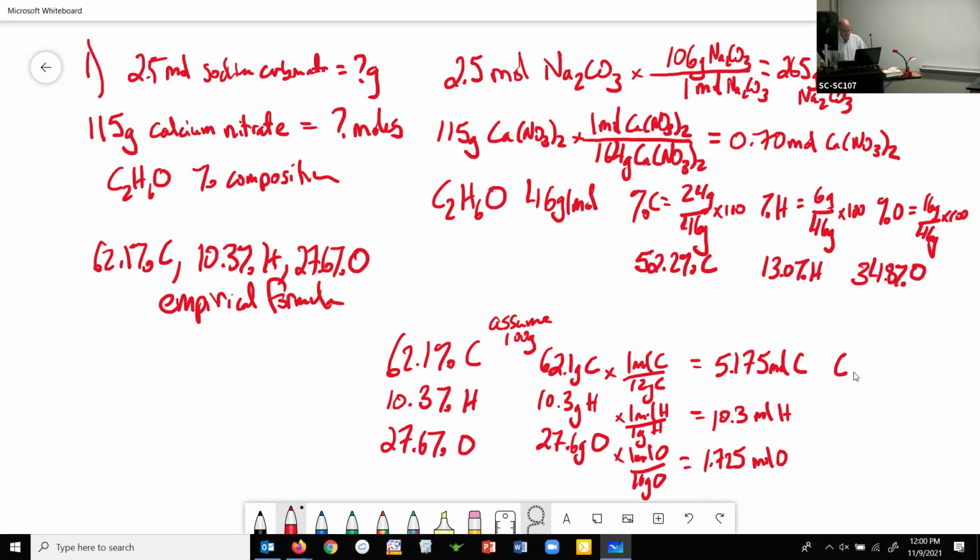C3H6. Dr. Miller, on the question for 115, underneath the 1 mole, is that 104? That's 164. Okay.